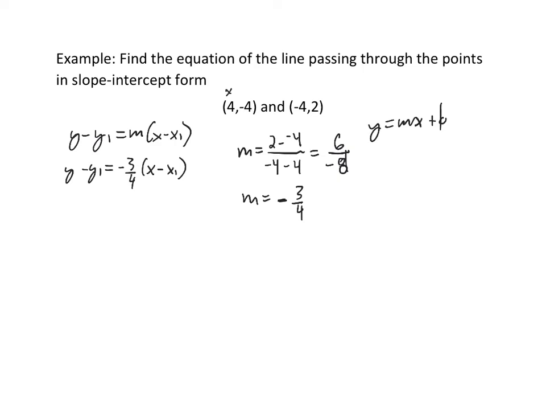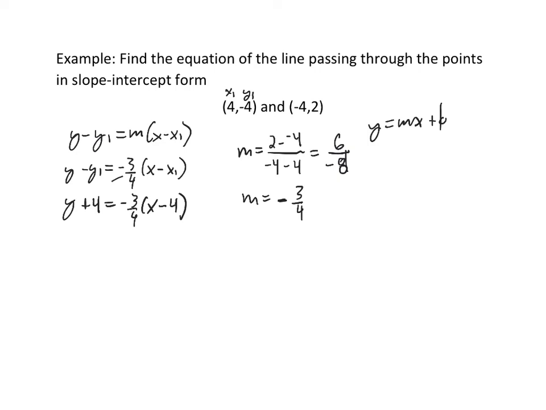This point here is our x1 and our y1, so I'm going to plug that in. y, and if I plug in negative 4, that'd be minus negative 4, and hopefully by now we've recognized that's really going to be a plus 4, equals negative 3 over 4 times x, and if I plug in a positive 4, that's x minus 4.